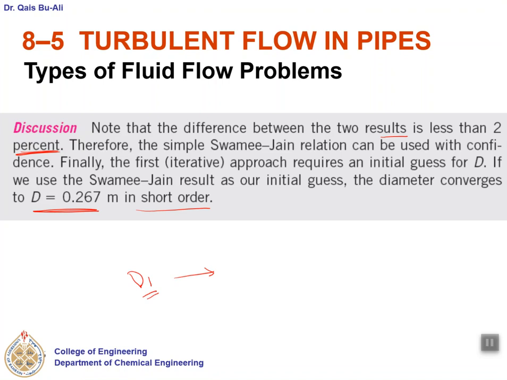Or you can have all the equations written and solved together, and then hopefully you will also get the correct answer. So this is an example of the third type, and there are two other examples in the book, so you can practice more in addition to the recommended problems.